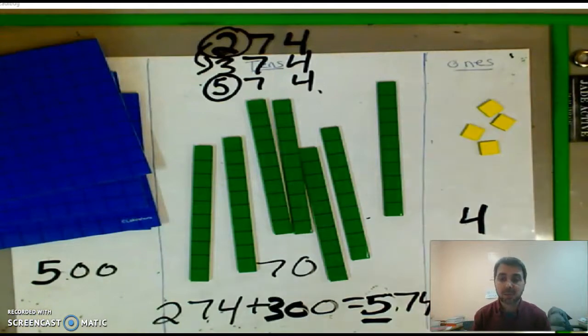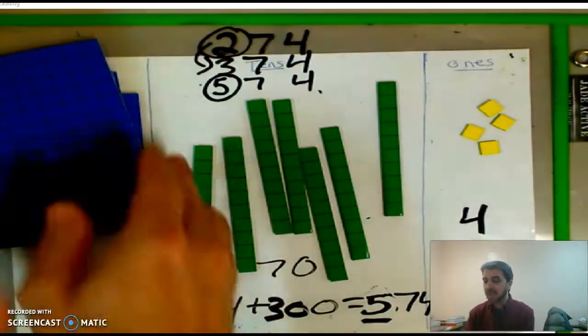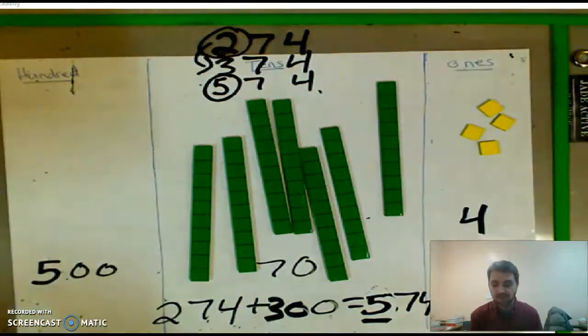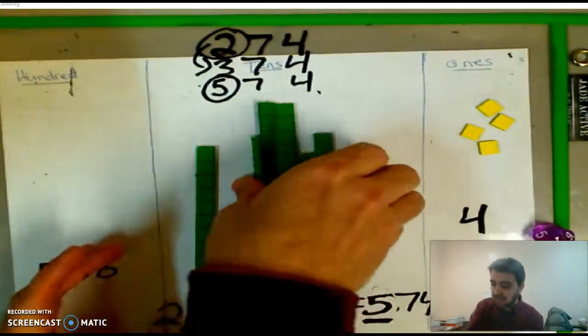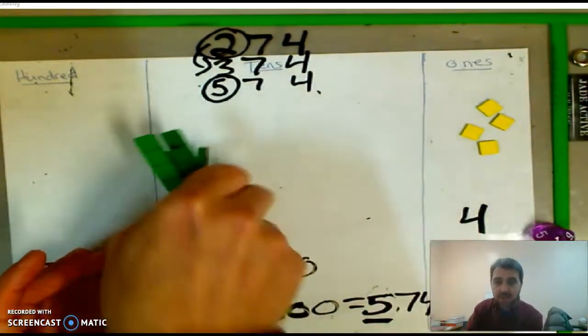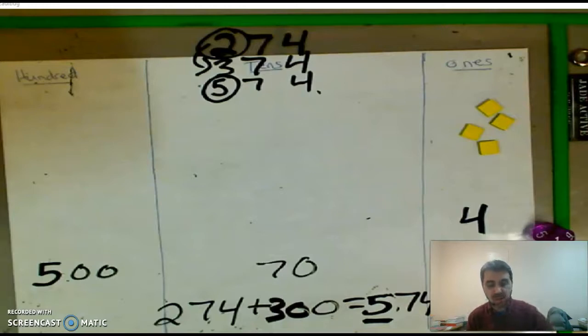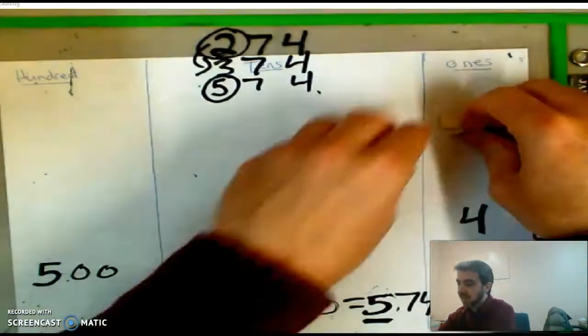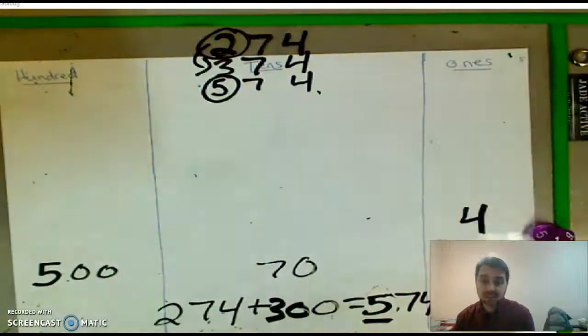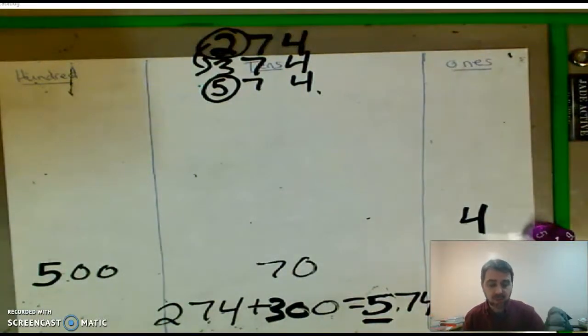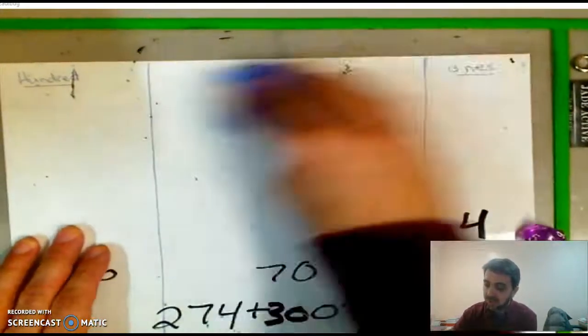So what I would like you to do, as you did the other day, is play your game with your dice. Build some numbers, and after you build your number with your base 10 pieces, please add 100 to it and see what you get. See what you get and get used to doing that.